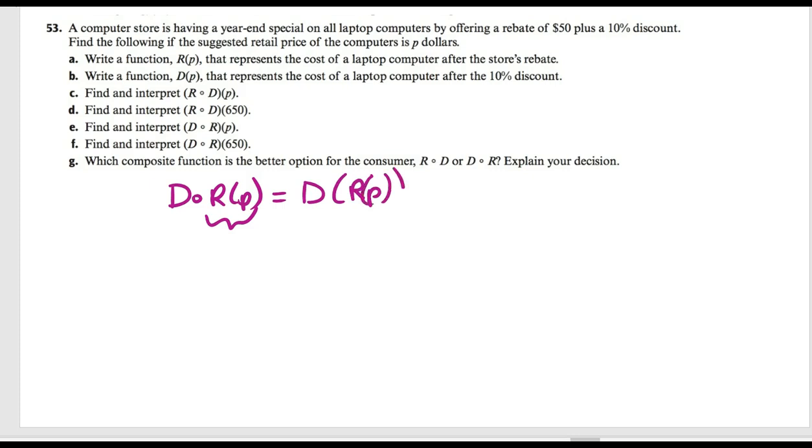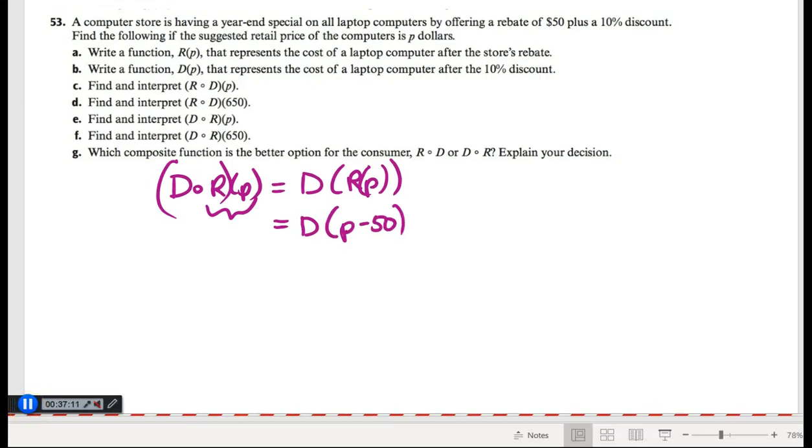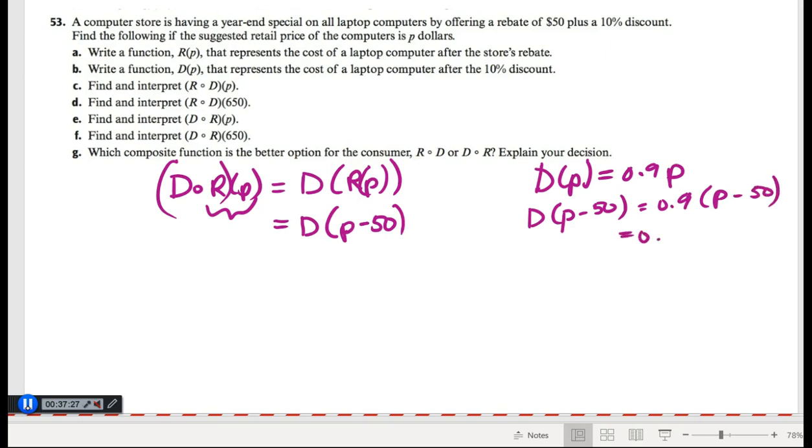R of P is P minus 50, and we said D of P was 0.9 P. So in place of P, I'm going to replace it with P minus 50. I'm going to get 0.9 P minus 45.